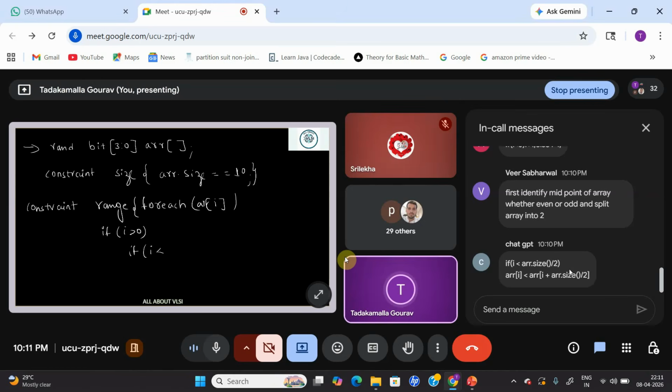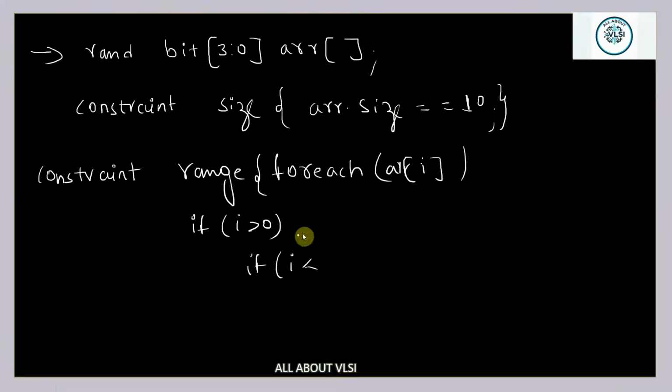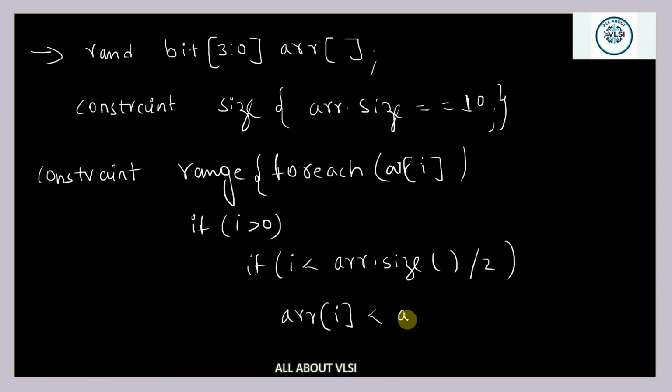You can use arr.size by 2, or else you can also use the system task $size. Anything is fine. arr.size by 2 means you are iterating up to the half of the array. So what you should do over here, arr of i should be greater than arr of i minus 1.